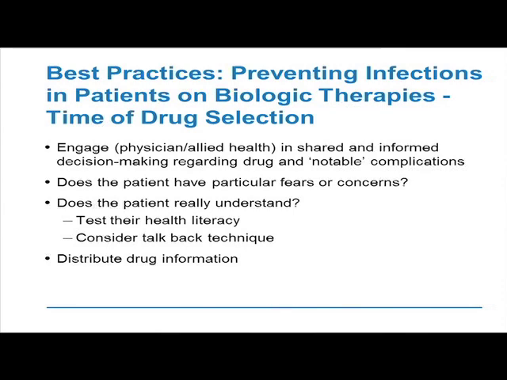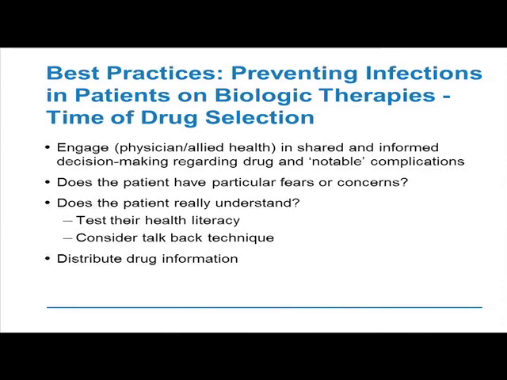Some patients may have particular fears. They had a patient with a relative with a neurologic disease, and they've heard of PML or MS. They've heard about infections, or they watch this on the commercials on TV and hear about lymphomas and malignancy.